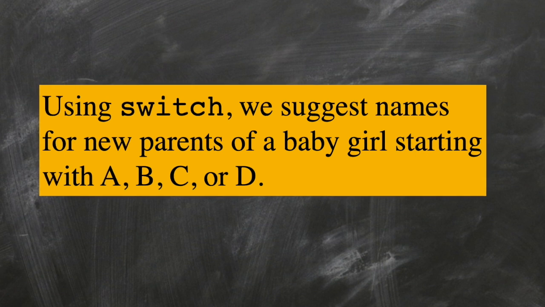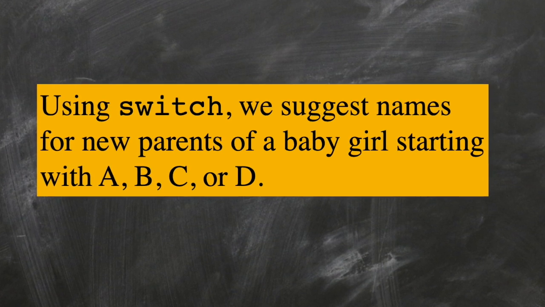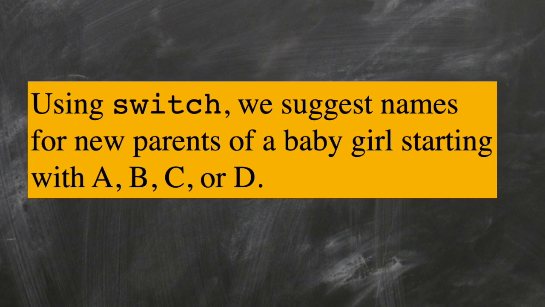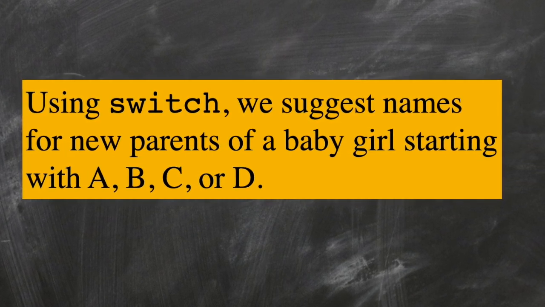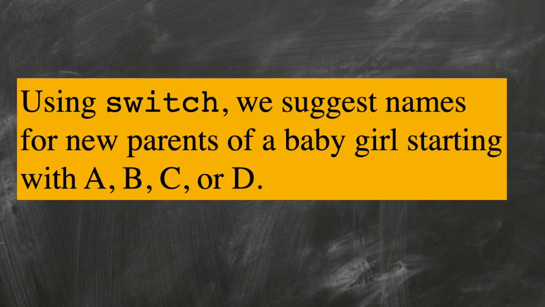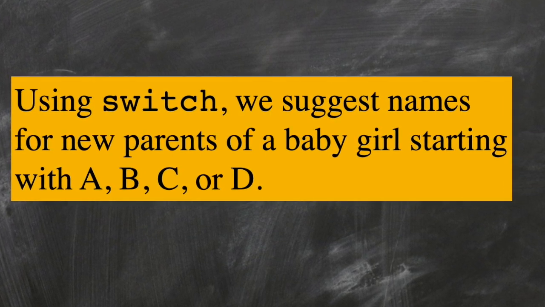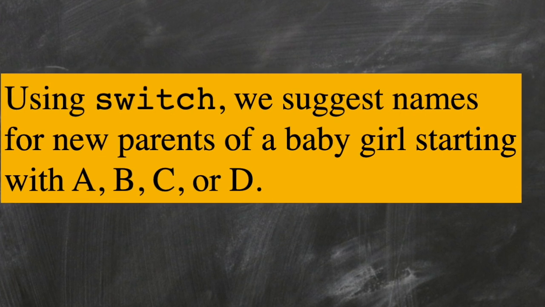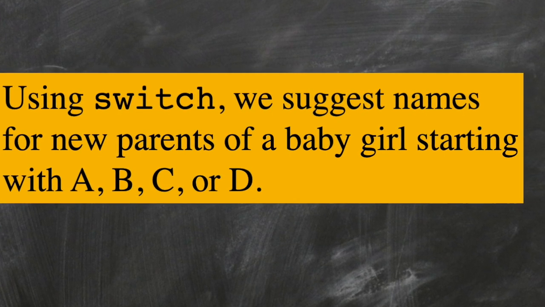Suppose that we have new parents here and they have a girl, and we want to suggest the names of a baby girl starting with A, B, C, or D, and we use switch for this suggestion.